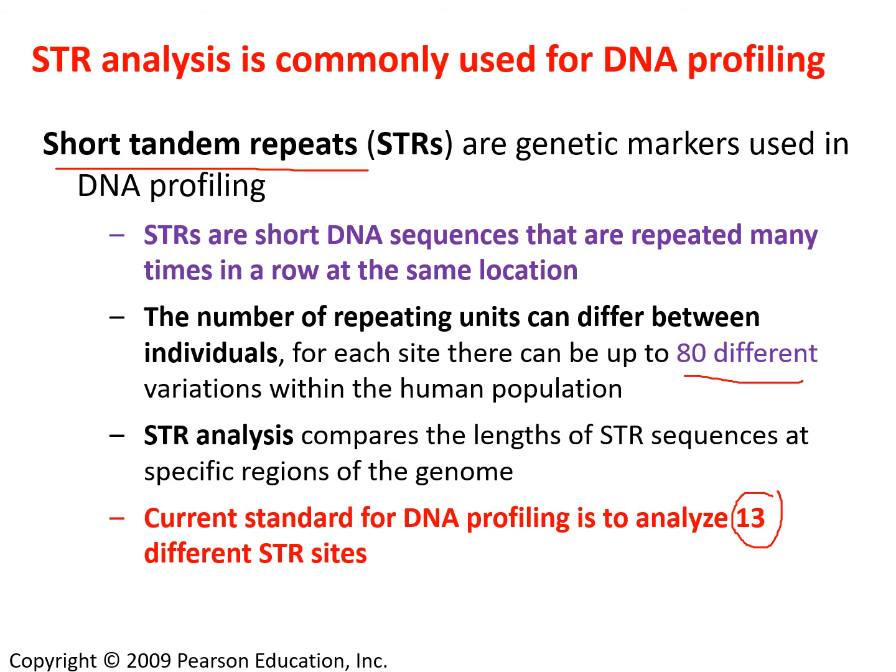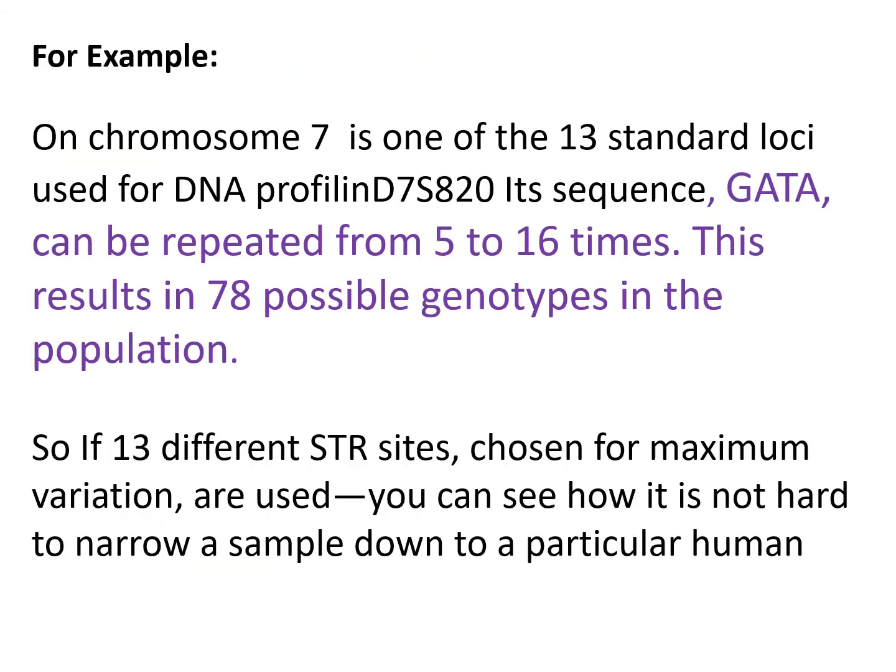So what's an STR? Here's an example. Chromosome 7 is one of the 13 standard loci used. Its sequence is GATA, so it can be repeated from 5 to 16 times. So GATA, GATA, GATA, GATA. I might have that in my genome like 12 times. You might have it in yours 5 times.